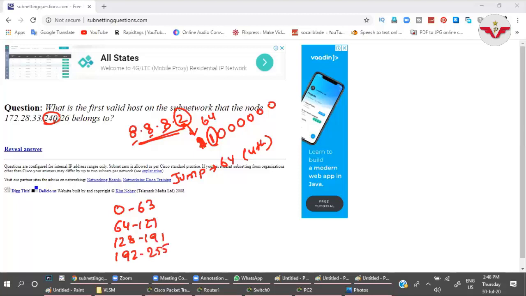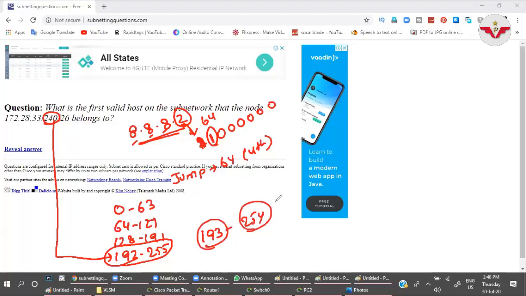So 240 belongs to this network. The question is, what is the first valid host? This is the network range, so the first valid host is 193 and the last valid host is 254. As simple as that, right?